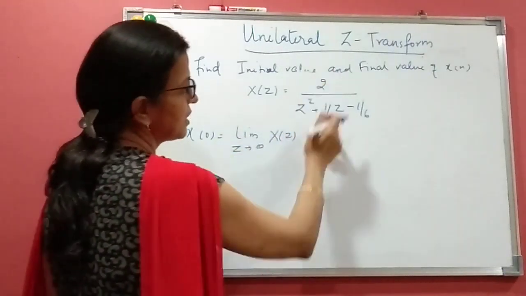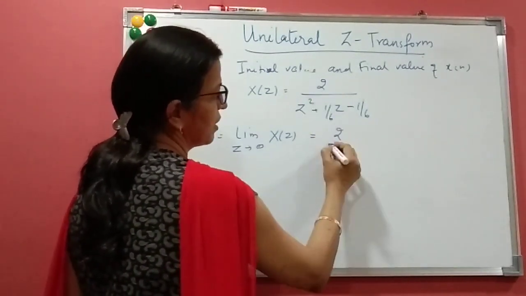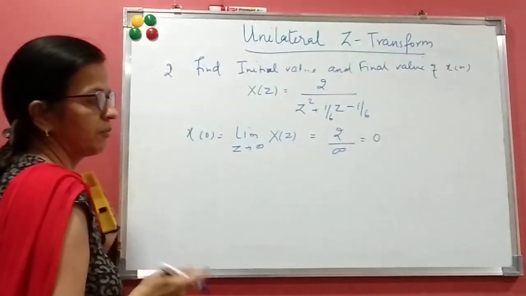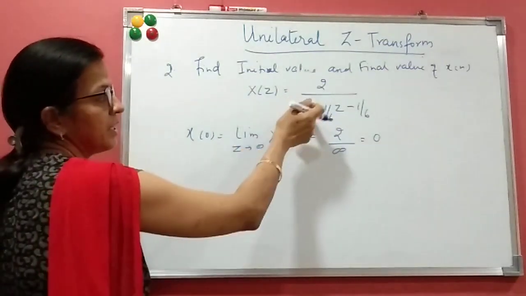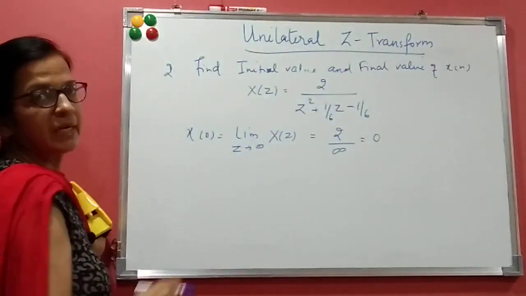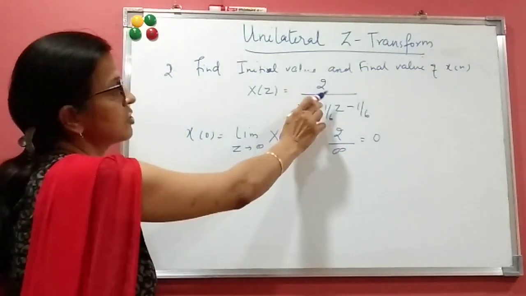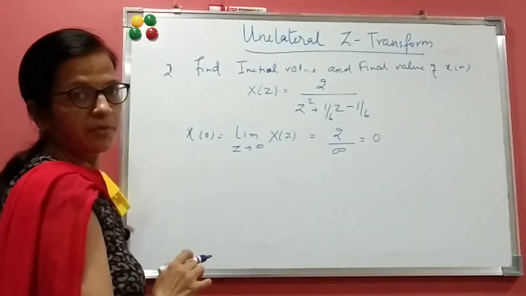Now the degree is not the same here. If I put z as infinity, I get 2 upon infinity, which equals 0. I am not getting anything undefined. Whenever the degree is different, you get the answer 0. If the degree is the same, the answer will never be 0. You will get the coefficient of the highest term in the numerator upon the coefficient of the highest term in the denominator.